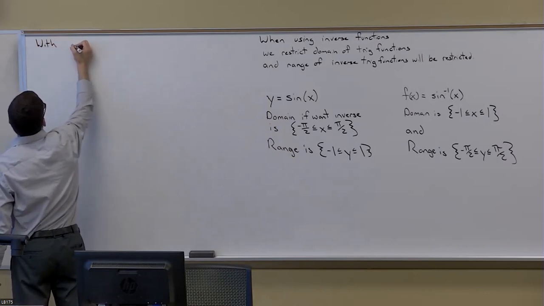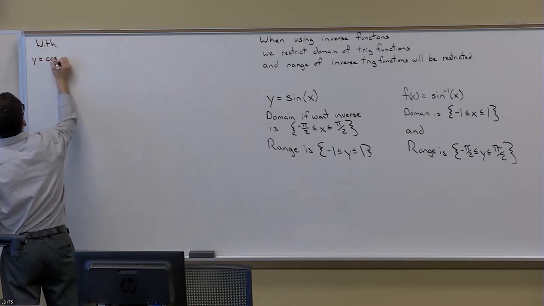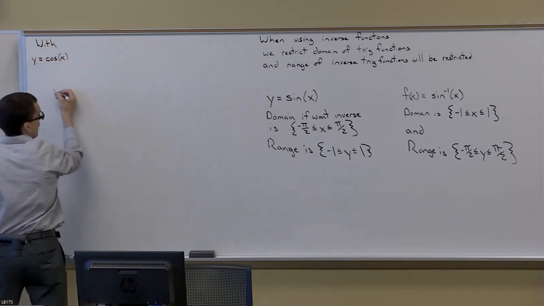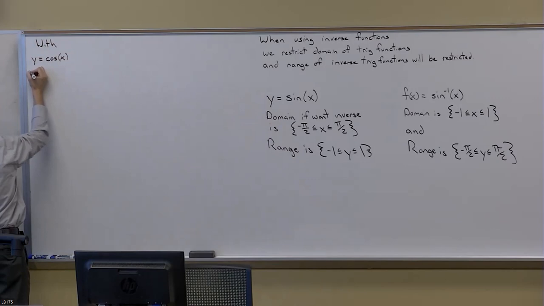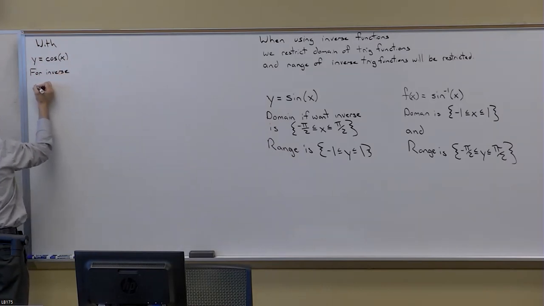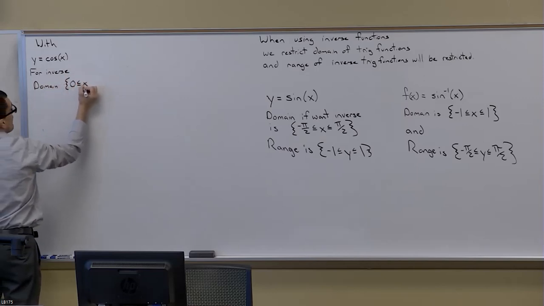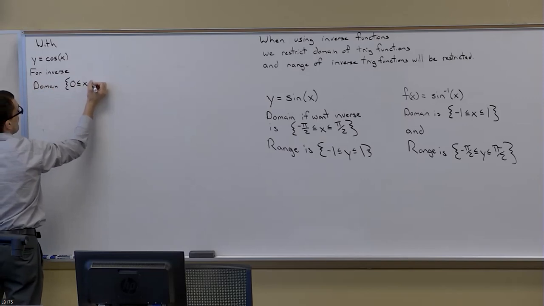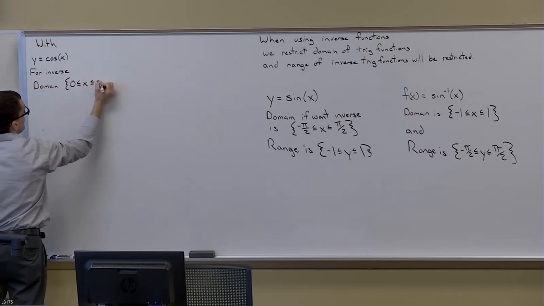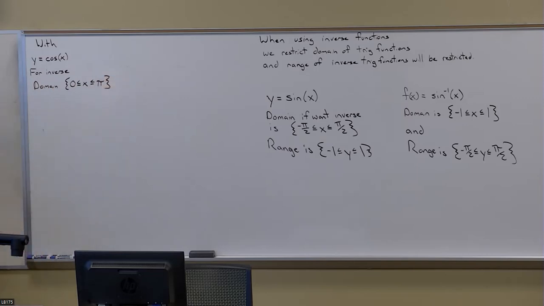With cosine, for the inverse, if I want to have an inverse, the domain has to be restricted between 0 and pi.